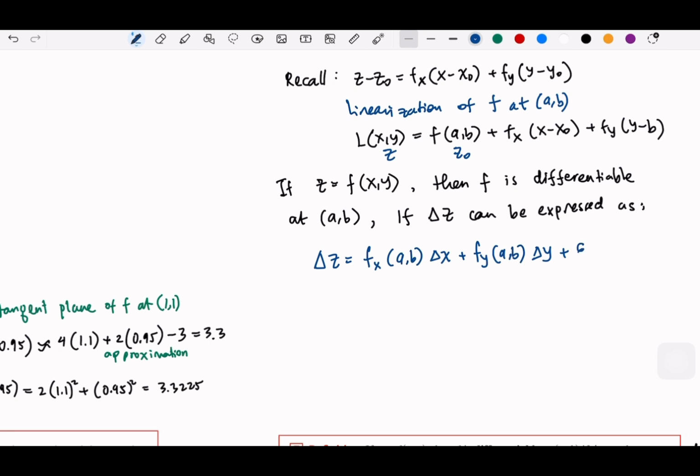And there will be some epsilon for each change for x and y, where these two epsilons will approach 0 as delta x, delta y go to 0.